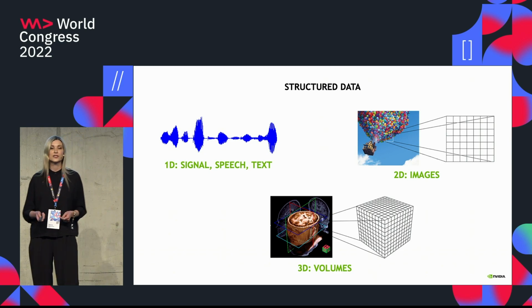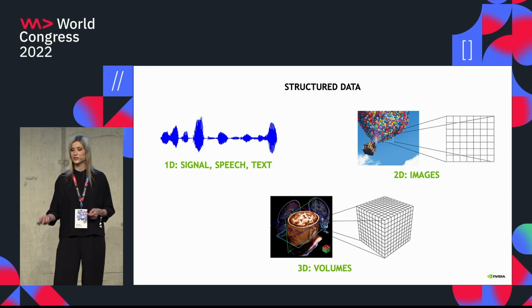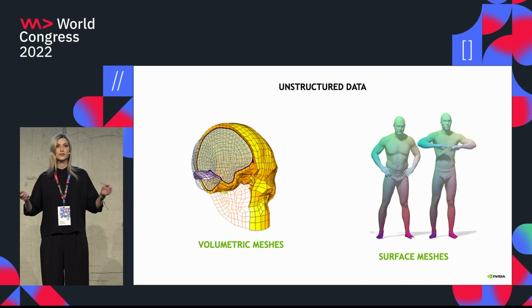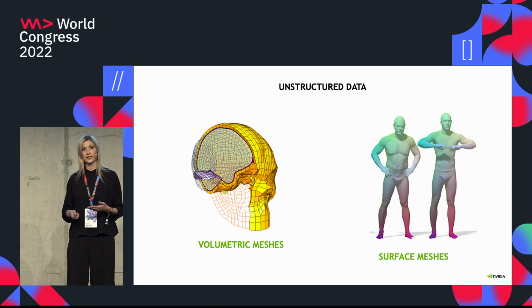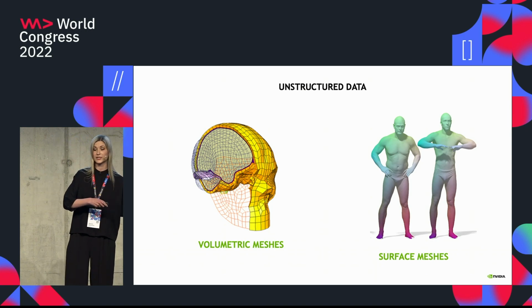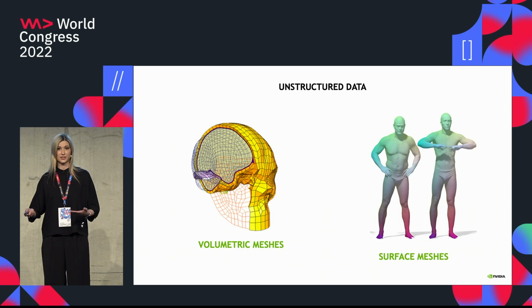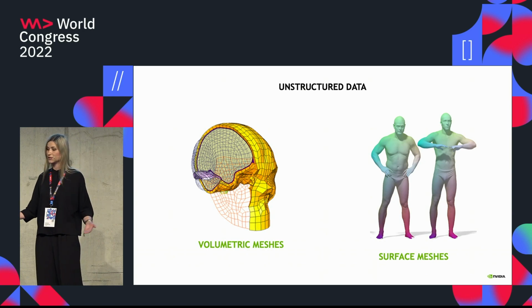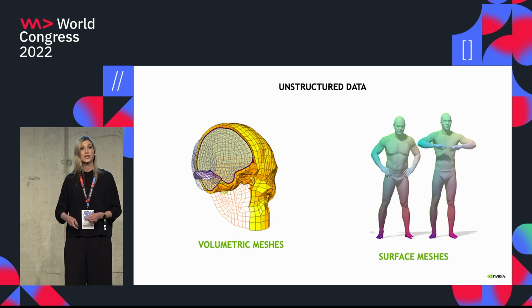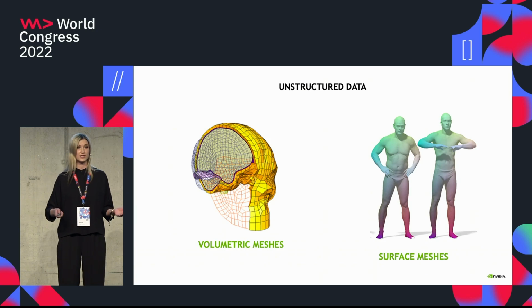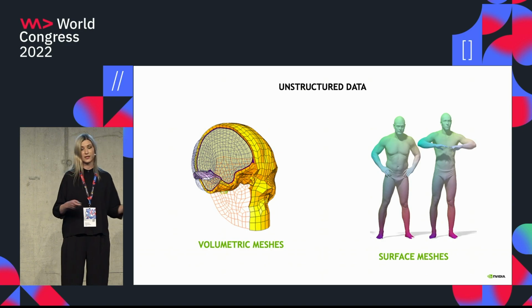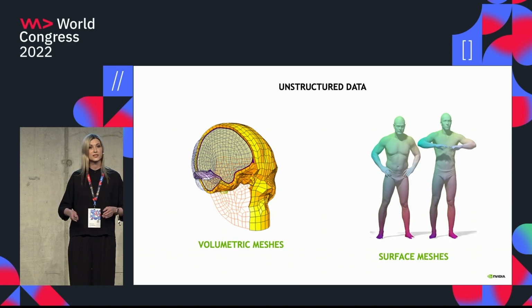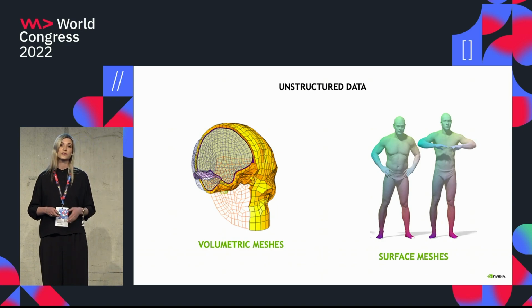So let's take a look at a couple of examples of unstructured data. For example, 3D volumes. In volumes, in contrast to images, where we have pixels, we have vertices. So this data, like volumetric meshes or surface meshes, is represented by vertices. And such vertices can have an arbitrary number of connected vertices, and these connections can also be differently weighted.